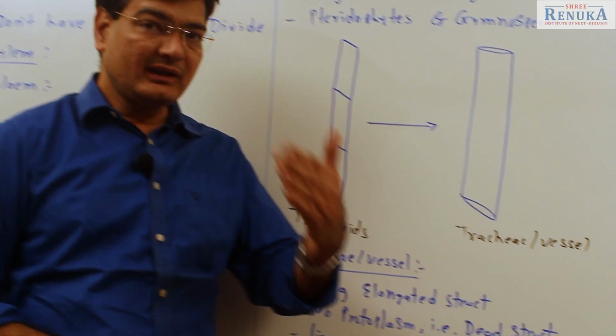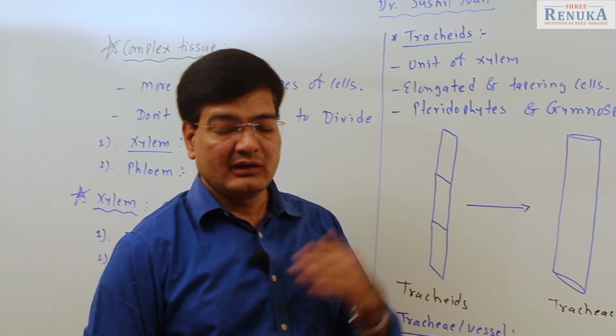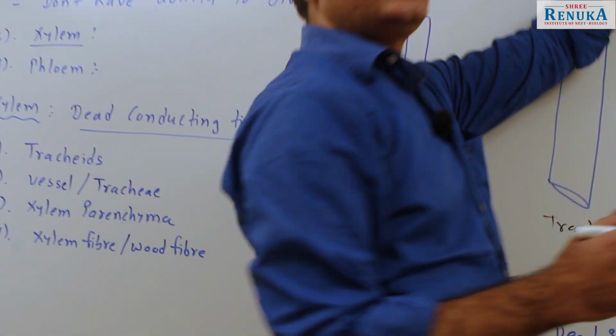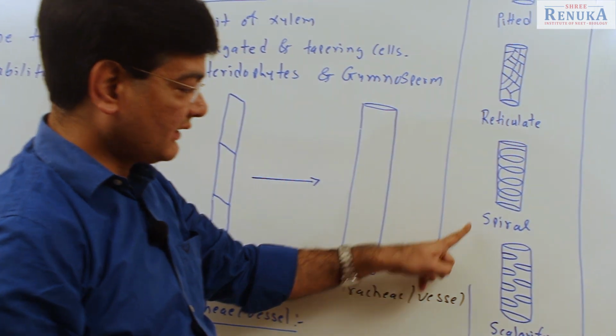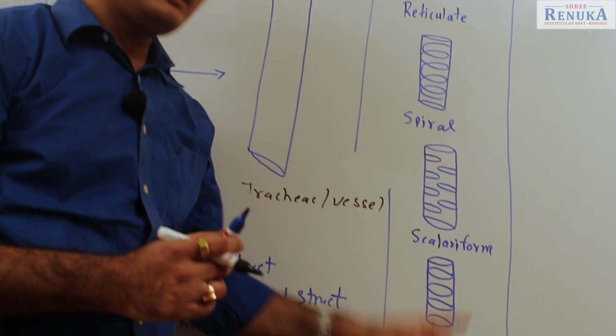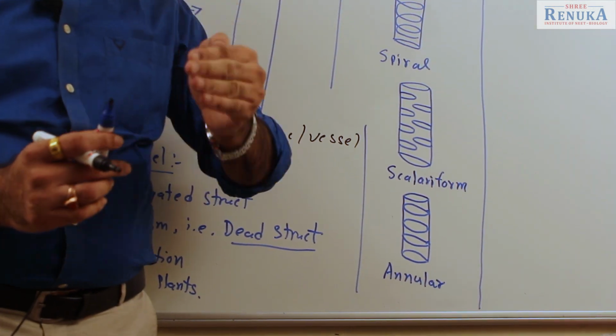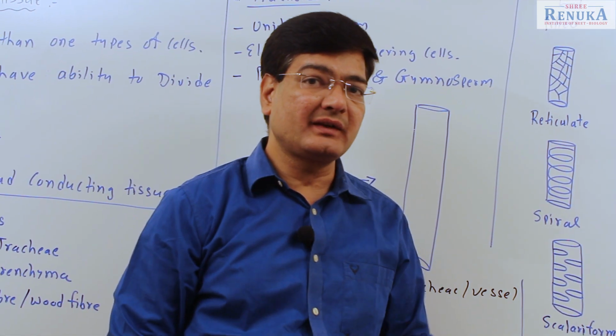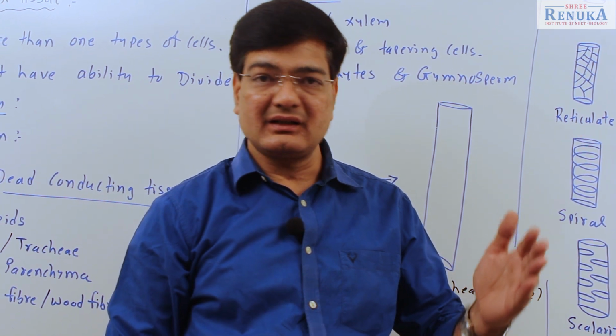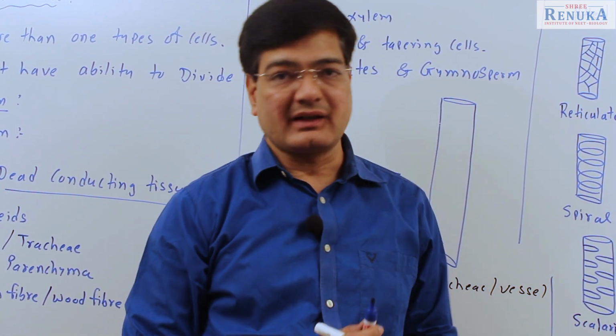The lignin deposition on the inner wall is of different kinds: pitted, reticulate, spiral, scalariform and other kinds of deposition of lignin are found on the inner wall of the xylem. Deposition of lignin provides mechanical strength to the wall of the xylem.